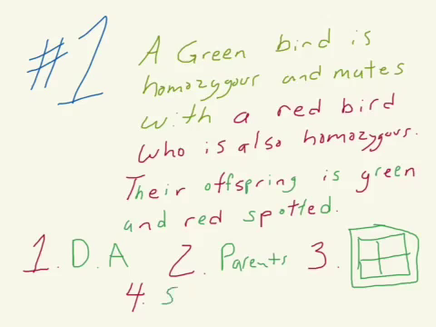So we have a spotted bird, and I want you to cross them. Show me the genotype of the parents for this, which one will be spotted, and cross them with a homozygous red bird, and show me both the parents as well as the cross for that one.